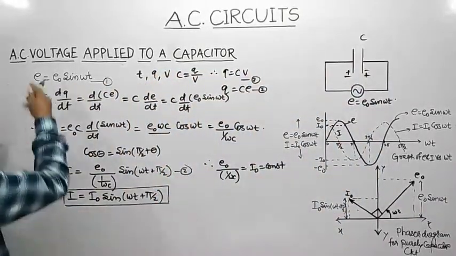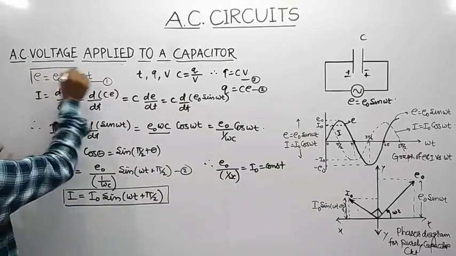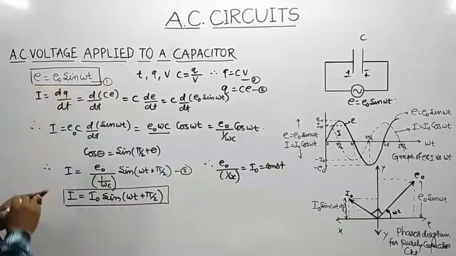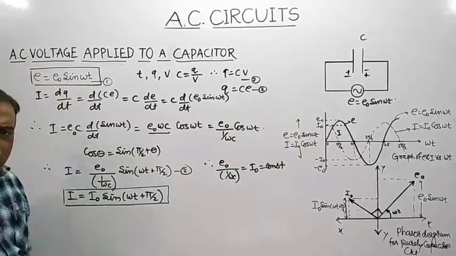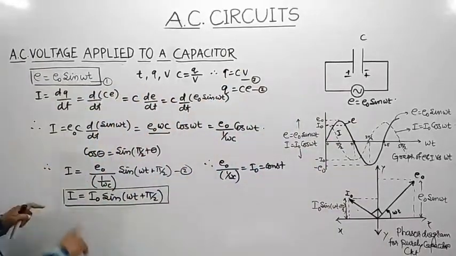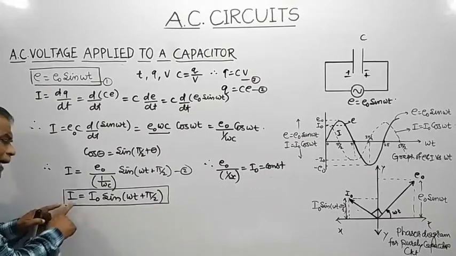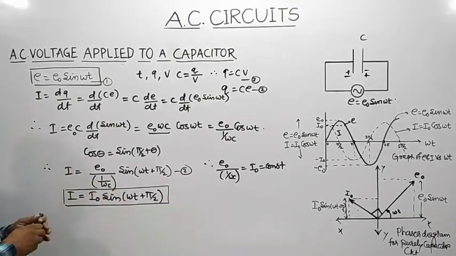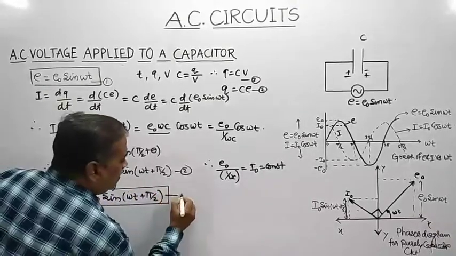What is the EMF applied across a purely capacitive circuit? E equal to E0 sin omega t. What is the corresponding current flowing through the purely capacitive circuit? I equal to I0 sine of omega t plus pi by 2.